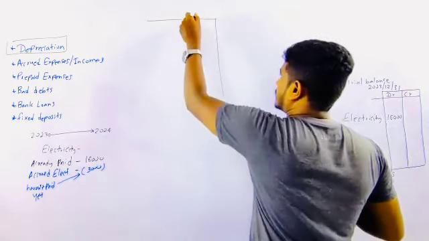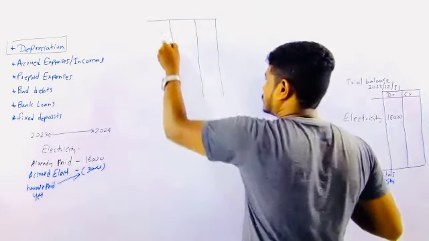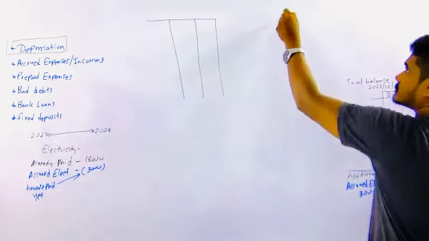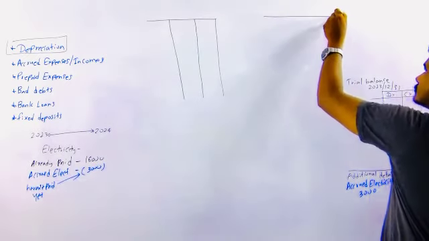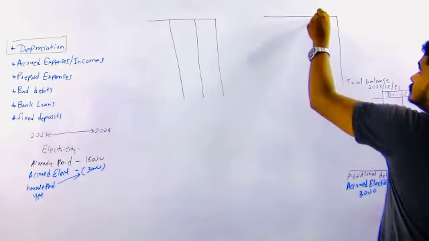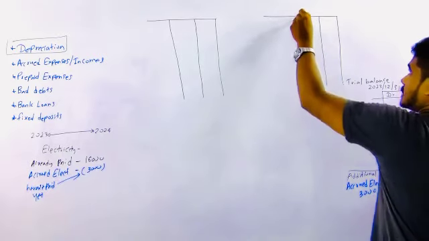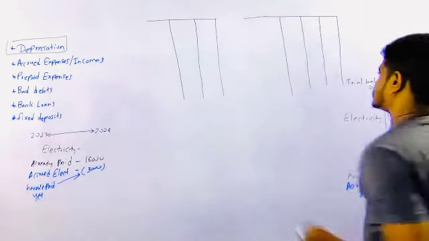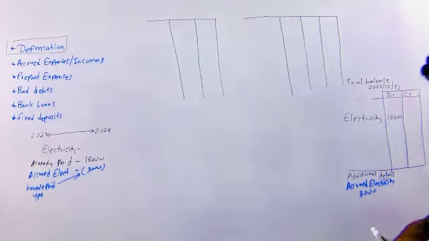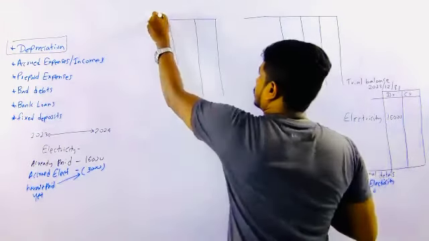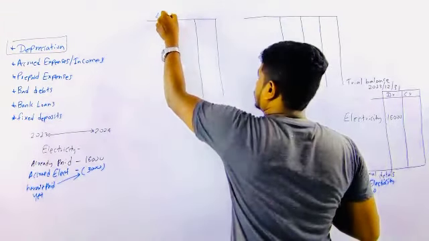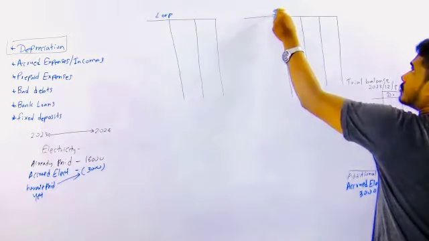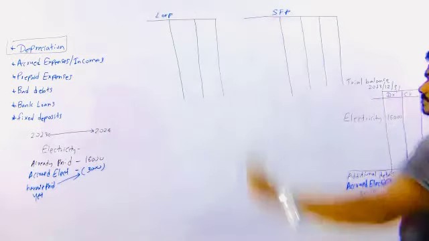Loss or profit statement here, and here they will give us statement of financial position, right? These are the two statements we have to record. Here, loss or profit. Here, statement of financial position, right?